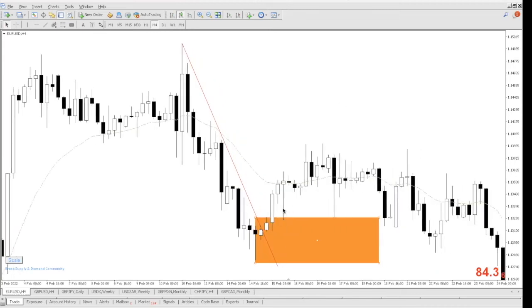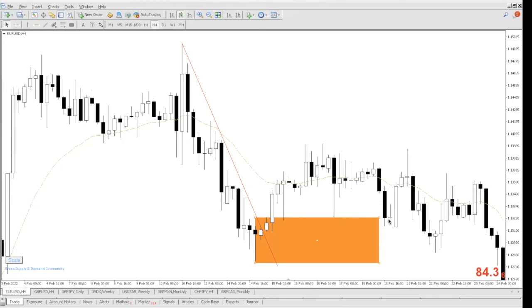Usually the first test, this one here, you can do what you call set and forget, meaning set and forget your trade. The first touch has an 80% chance of that pattern working. The second time, it goes to 60%.